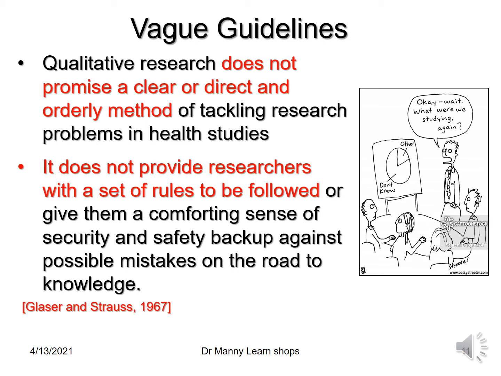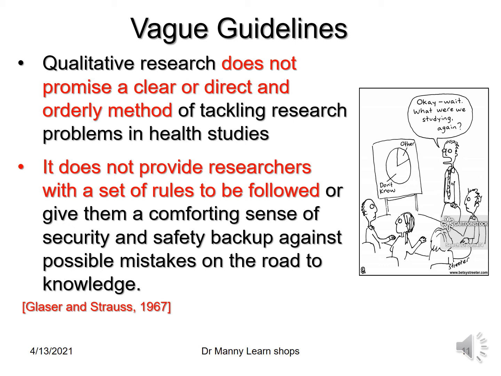When we look at some of the challenges or the issues related to qualitative research, there are certain academics that believe that there are vague guidelines. Qualitative research doesn't promise a clear or a direct or an orderly or a systematic method of tackling research problems in health studies.